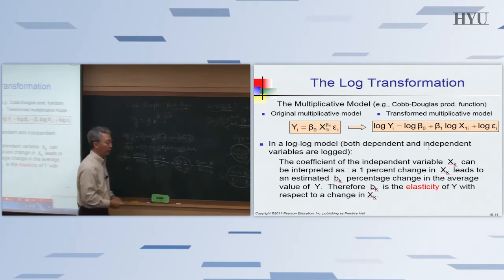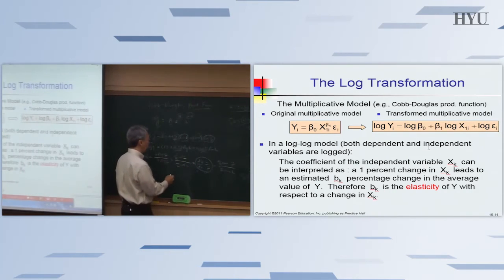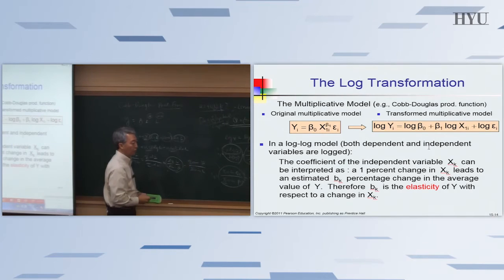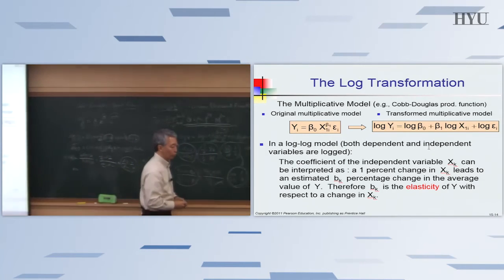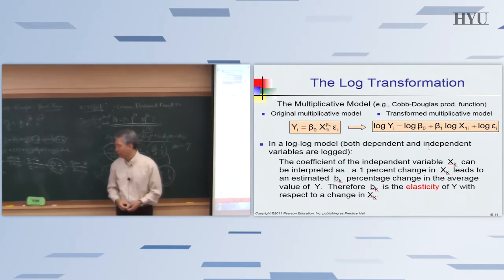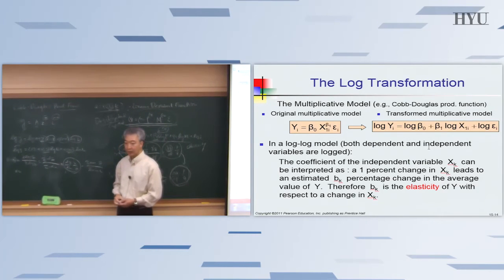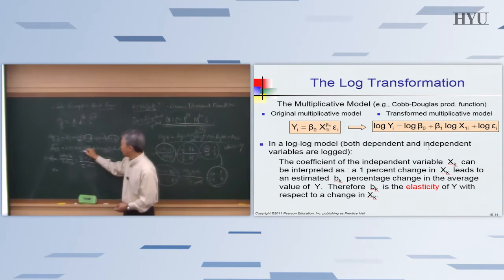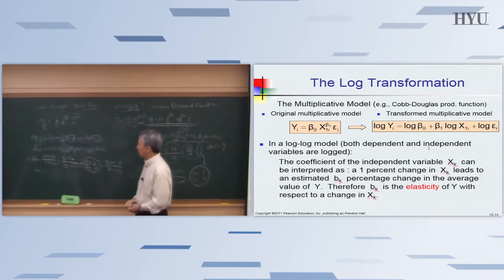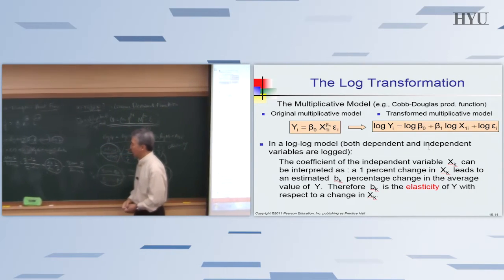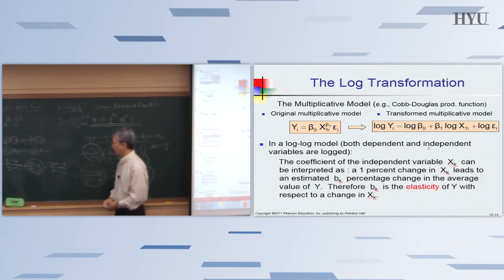So in the estimate, these two numbers do not exactly add up to 1. Roughly, if you add them up, it's about 0.98, something close to 1.